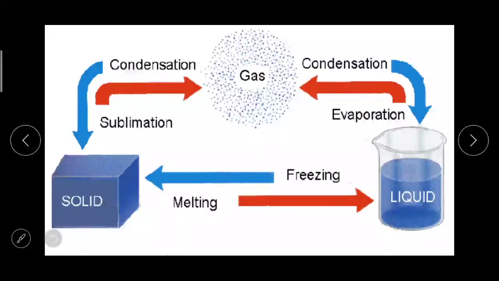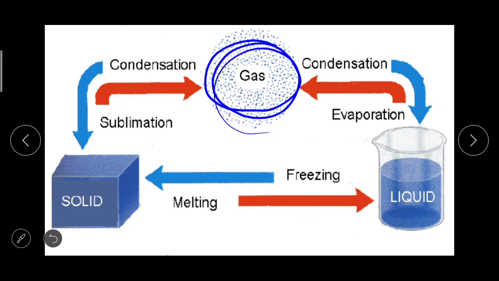If the temperature of the air reduces, its vapor holding capacity also reduces. Now here you can see, gas or the water vapor, when it is in solid state then it is sublimation, and in liquid then it is condensation.